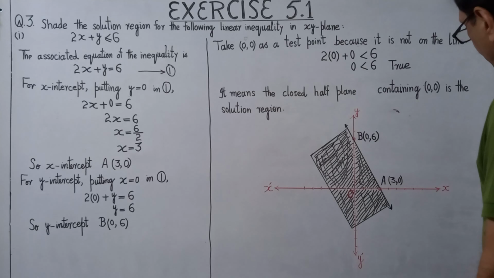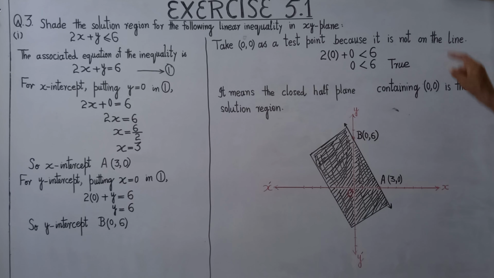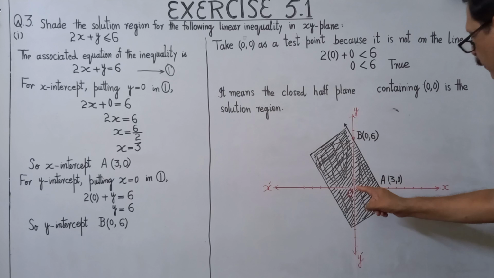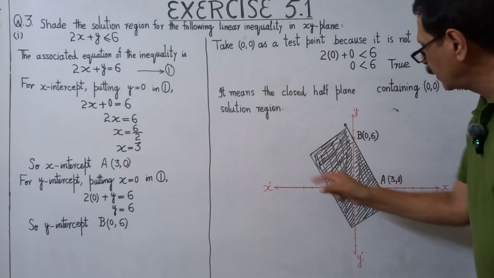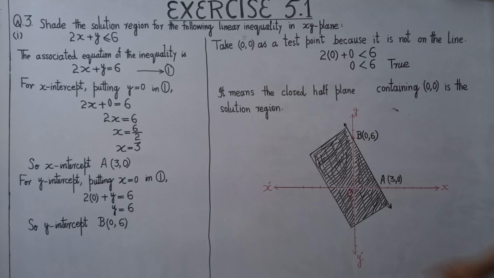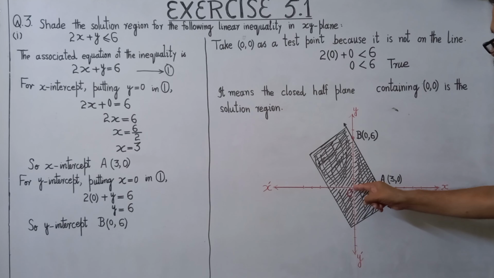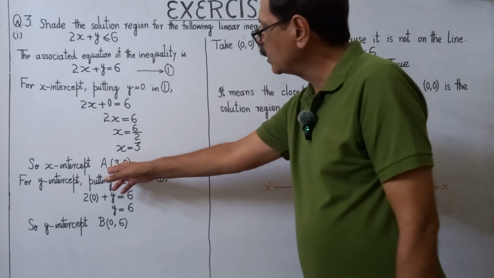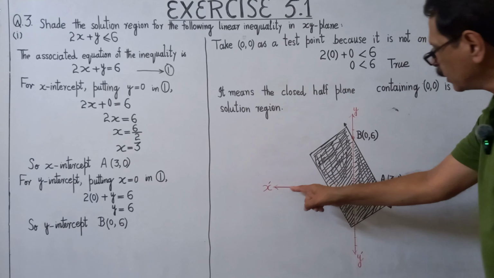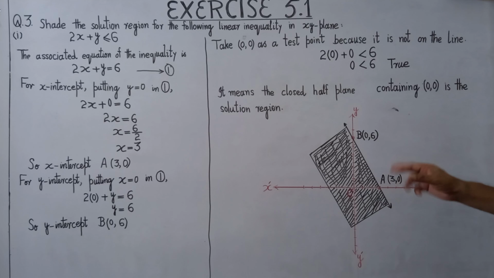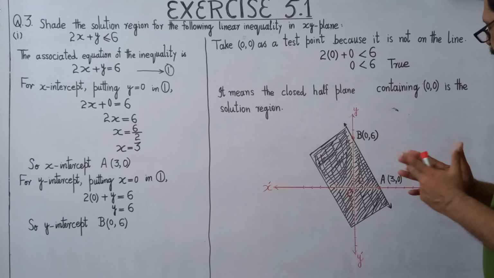So let us draw the xy plane: horizontal line x-axis, vertical line y-axis, x dash the negative direction of the x-axis, y dash the negative y direction. Here is the point called the origin, denoted by O. On the x-axis and y-axis, we draw equidistant points, meaning points at equal distances.